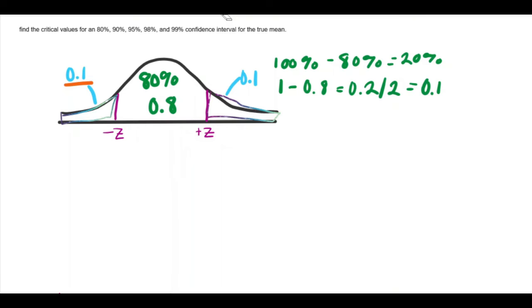So we've got negative 1.28 and 1.28. These are our z-values that constrain our 80% level of confidence and show us our rejection region.